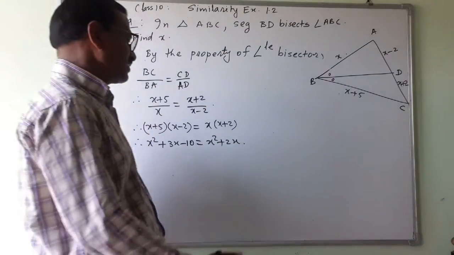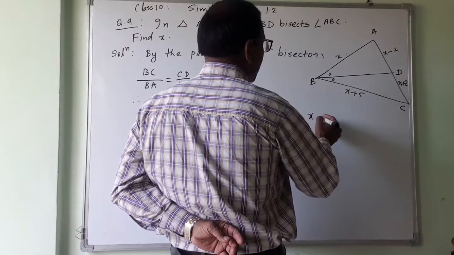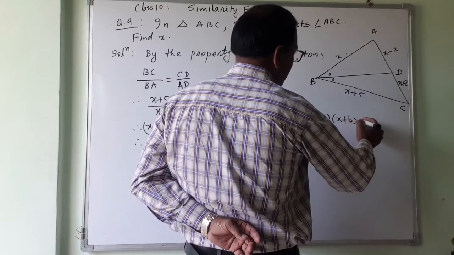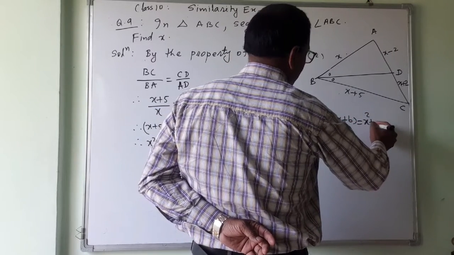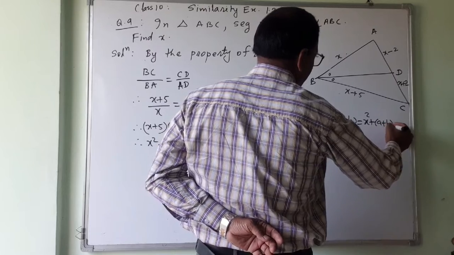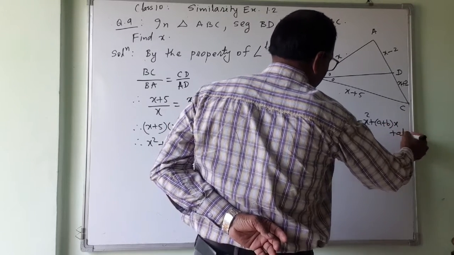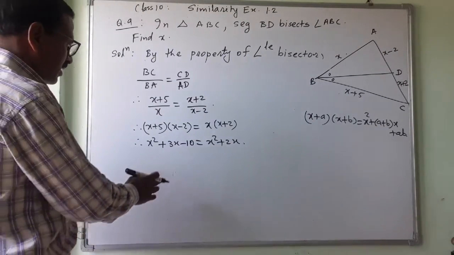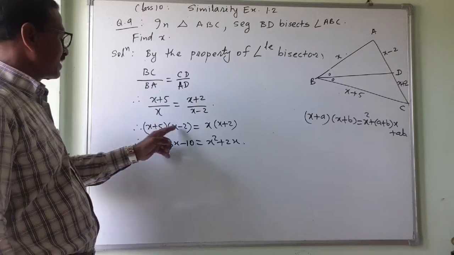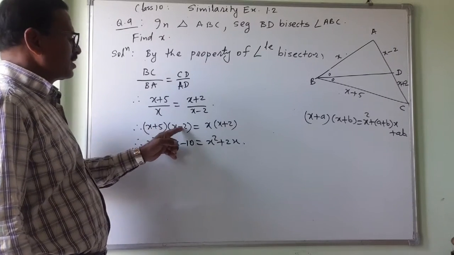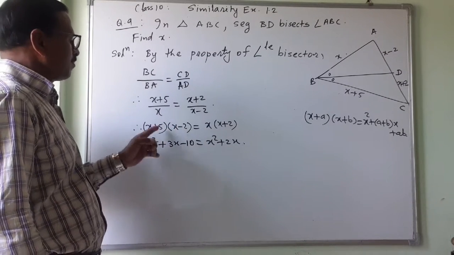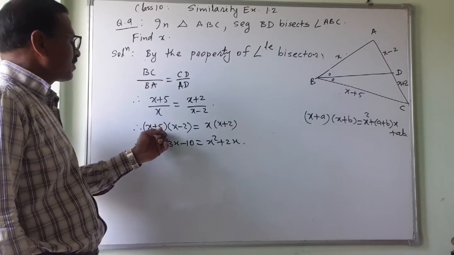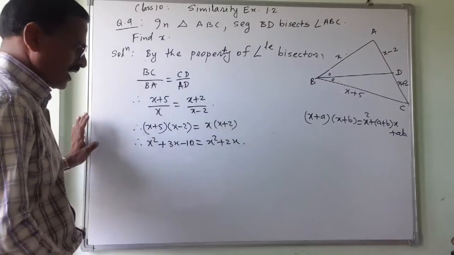You know, in standard 8 we have learned this. x plus a into x plus b is equal to x square plus a plus b x plus ab. This you might have forgotten. Just remember this. Unnecessarily don't go on expanding. x into x square, then x into minus 2x plus 5x and minus 10. And then solving this plus 5x and minus 2x, this will be plus 3x.